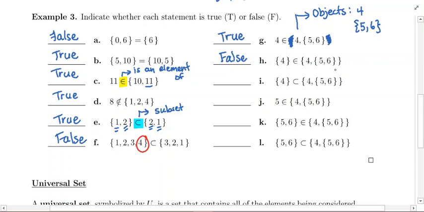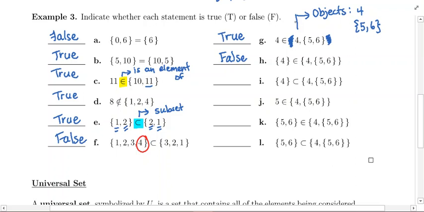Okay? Statement I throws an additional twist on it. Is the set 4 a subset of our set? So here's what I want you to do to go from objects to subsets. Remember what we did. We started with our set, we took away the outer braces to get the objects.